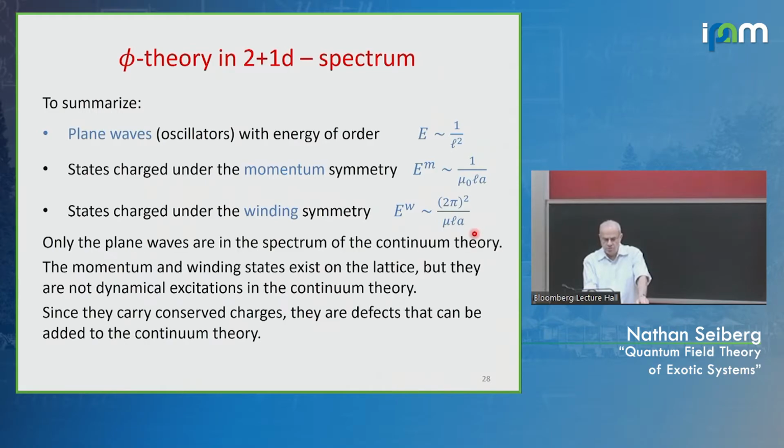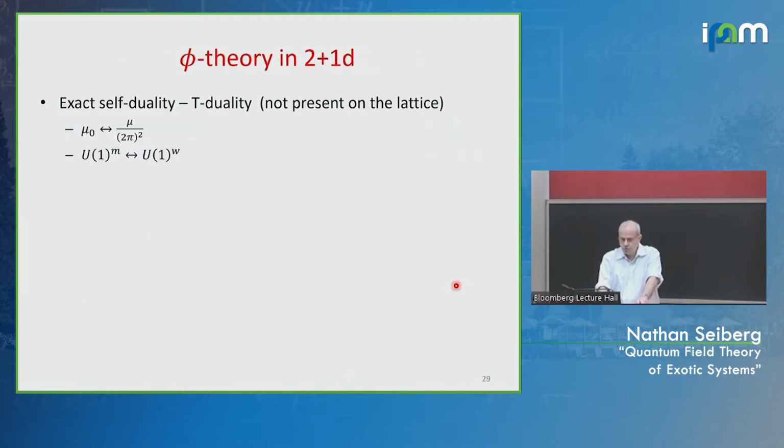So in the continuum limit, only the plane waves survive, and the momentum and winding states, which exist on the lattice, are all pushed to infinity and are not present in the continuum theory. So strictly speaking, the continuum theory has the symmetry, has the conserved current, but does not have the charge states, which is also quite peculiar.